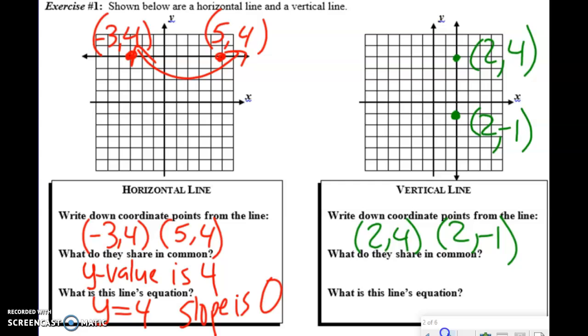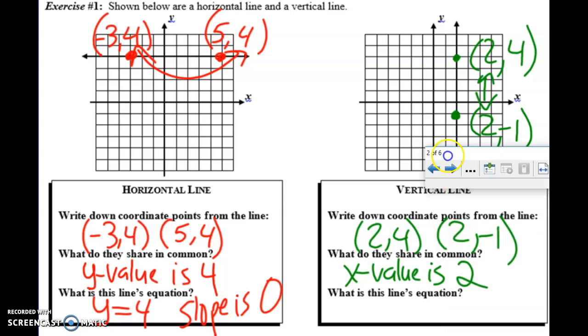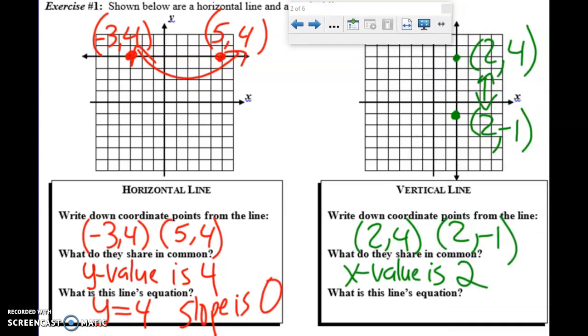Yeah, good. They both have a 2, and it's in the x value. So the x value is both 2. So how do you write the equation of a line that is vertical? Remember, it's a v with an upside down v, so it's an x, and then the value would simply be 2. So x equals 2, and that's it.